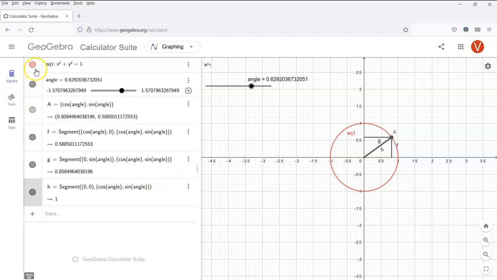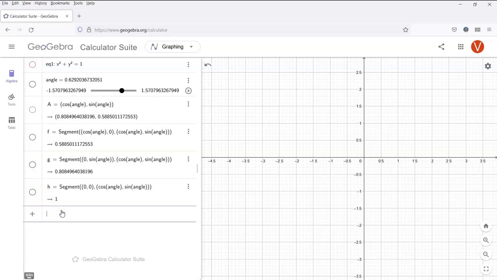Now let's do one thing. Let's hide this. Let's ask it not to display it. And now let's define a hyperbola. The equation for that is x square by a square minus y square by b square.